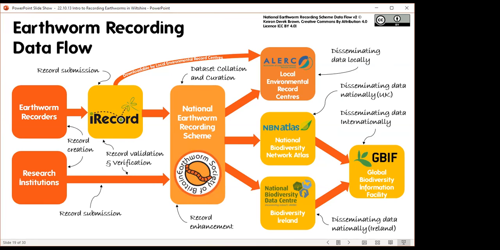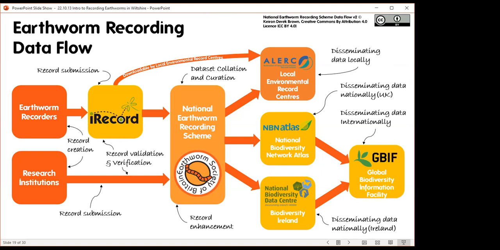That data goes into the recording scheme, and we're big believers in open data. So we share all of our data with the Association of Local Environmental Record Centres so that it's available locally for use by the Wildlife Trust and things like that when they're looking at what species they've got on their sites. We also share it nationally, and it's publicly all available through the NBN Atlas. In Ireland, less relevant to Wiltshire, we do the same, but it's through a slightly different platform.